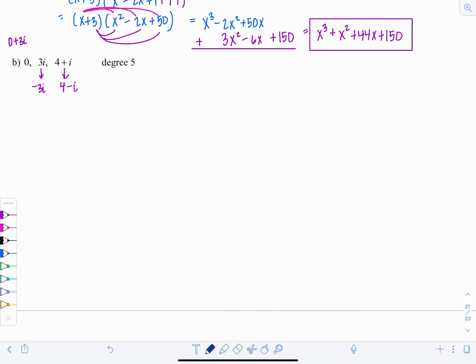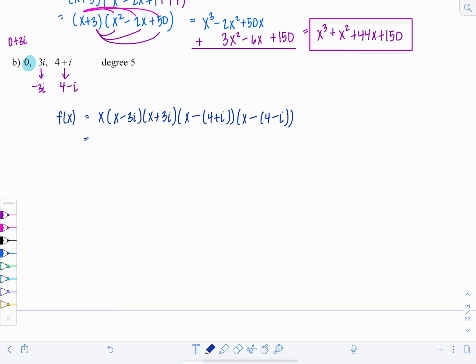So now we can write out f of x. Do you remember if 0 is a 0, that means just plain old x is a factor. And then I'm going to have x minus 3i as a factor, x plus 3i, x minus, don't forget your parentheses, 4 plus i, x minus 4 minus i.